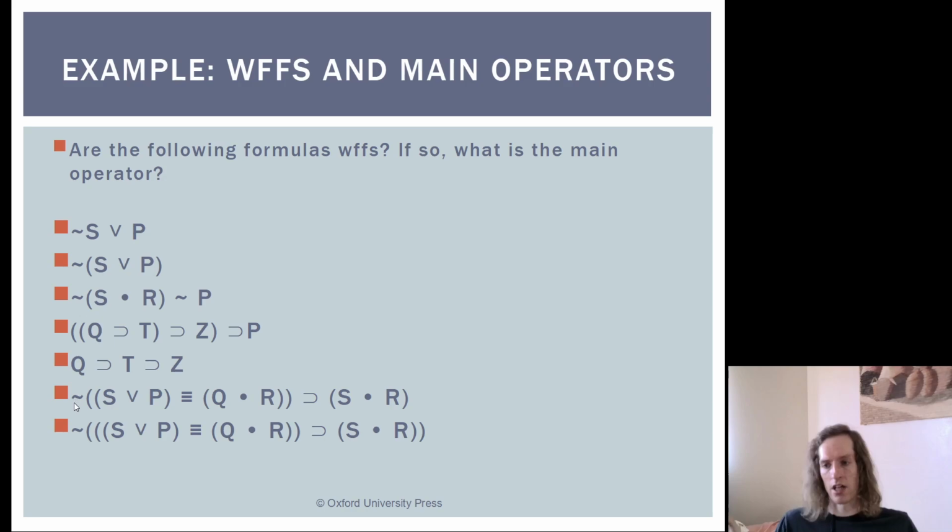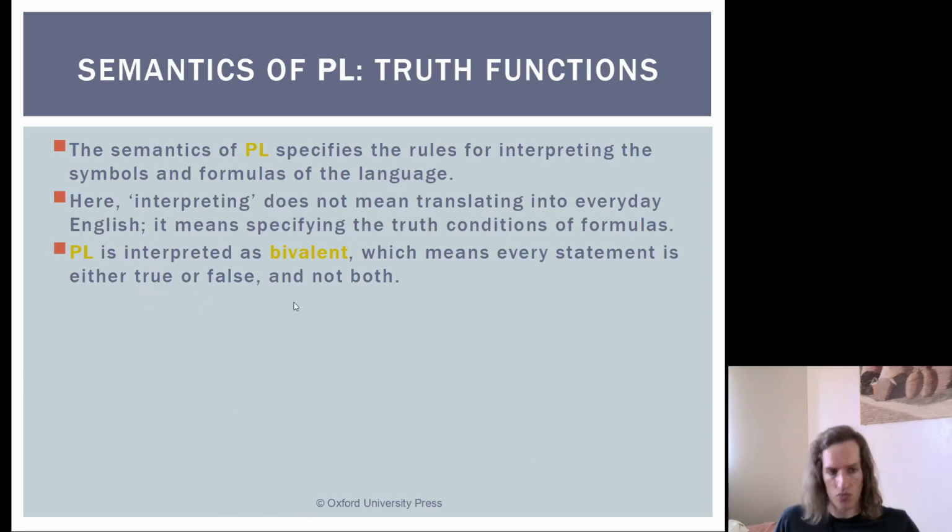In this case, the entire formula is just the negation. So the negation isn't applying to the biconditional, it's applying to the conditional here. So this is a well-formed formula. The major operator is the negation. All right.